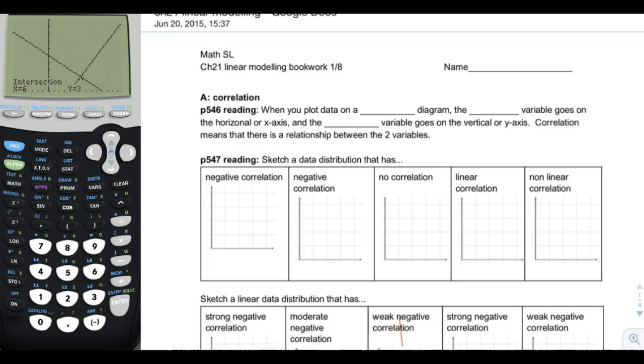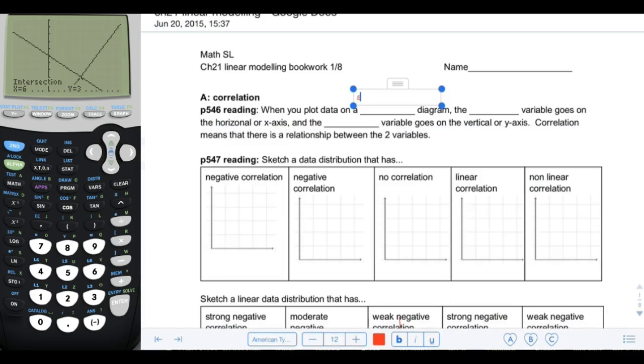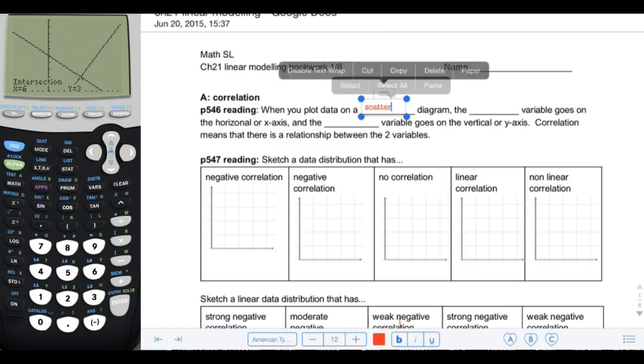When you plot data on a scatter diagram, remember scatter diagrams? They're found in Excel whenever you do your science fair and you have two different variables. You make scatter diagrams.